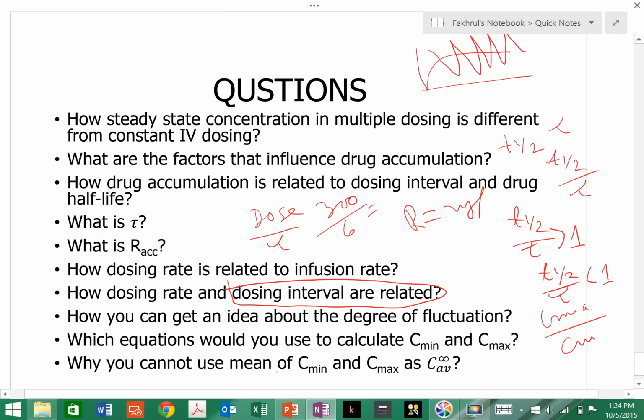Why can you not use the mean of Cmin and Cmax as C average? Because the arithmetic mean is not going to give the correct C average, because drug falls during the dosing interval in exponential fashion.